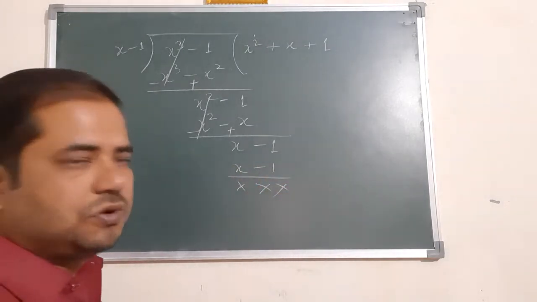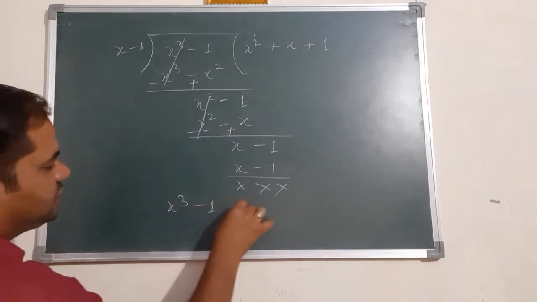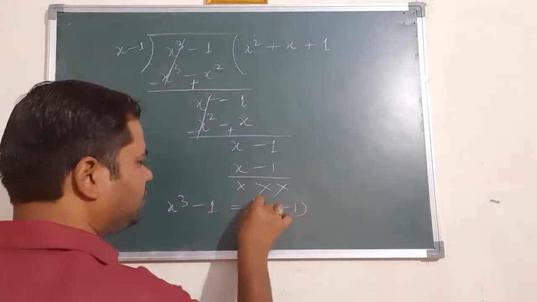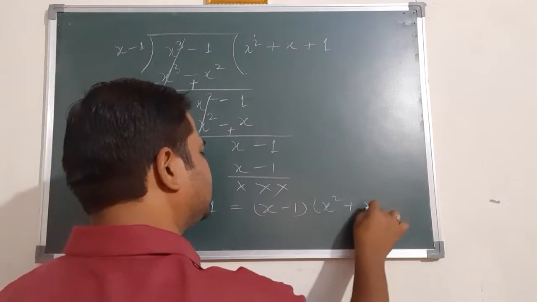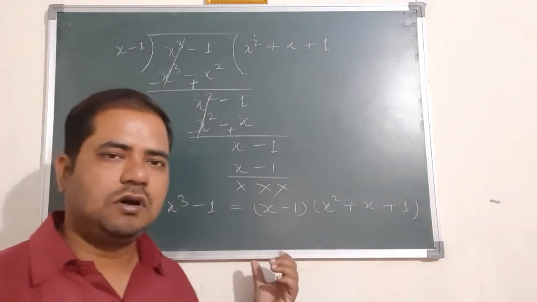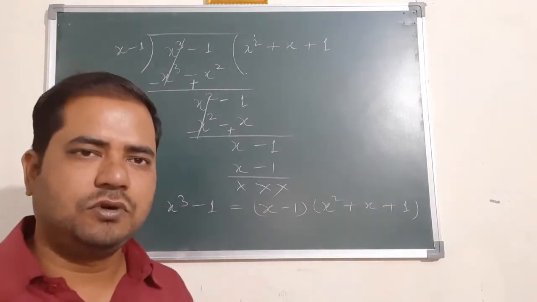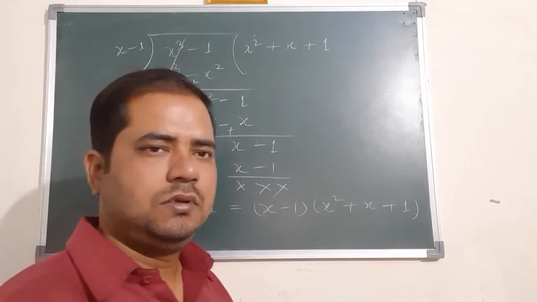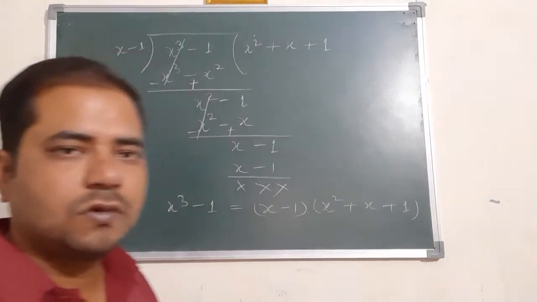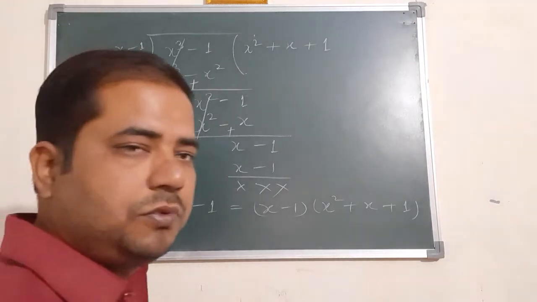So we can write x cube minus 1 as x minus 1 into x square plus x plus 1. So this is the division of a polynomial by another polynomial. Note it down. I hope you completed this one.